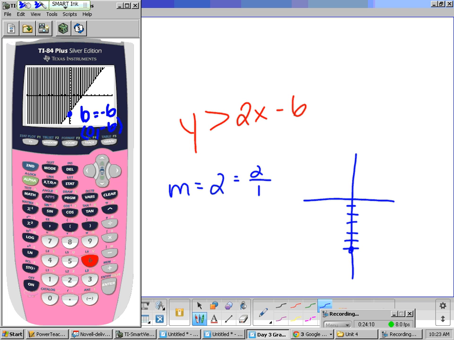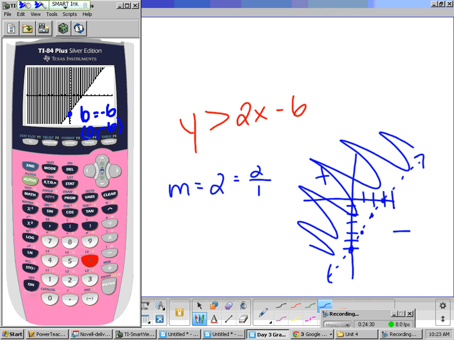You go up 2 over 1, up 2 over 1, up 2 over 1, and you continue to do that. But when you graph your line, you have to put it dashed in order to get full credit. It's greater than, so we shade above. So doing it on the calculator is not a shortcut as far as doing everything right, because there are some things that the calculator is limited about.